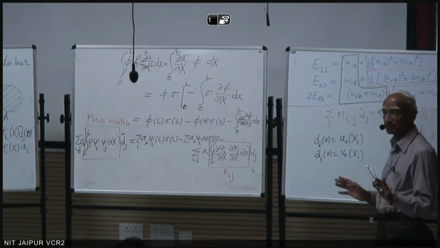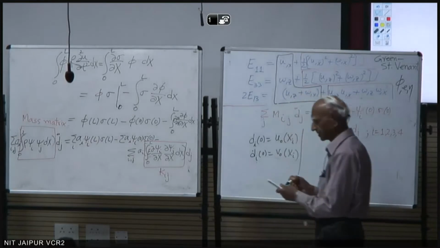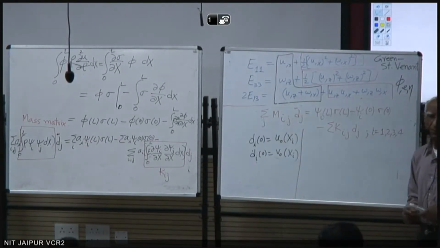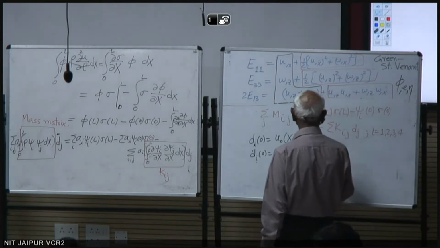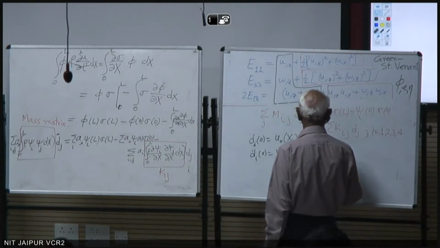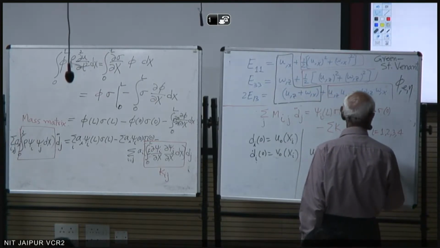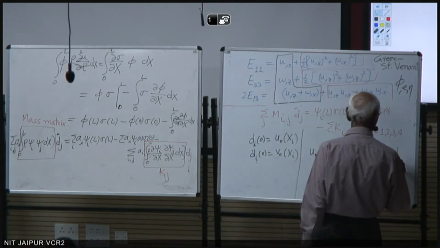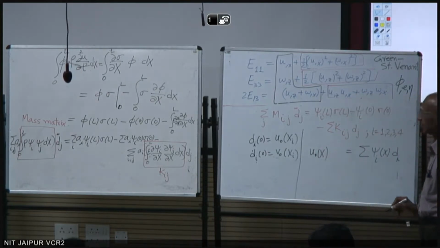Sometimes, instead of doing this, we do what I'm going to do now. So you are given u0 of x, and I have psi i of x di at time 0.